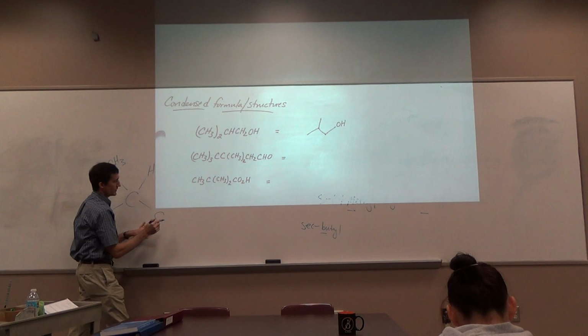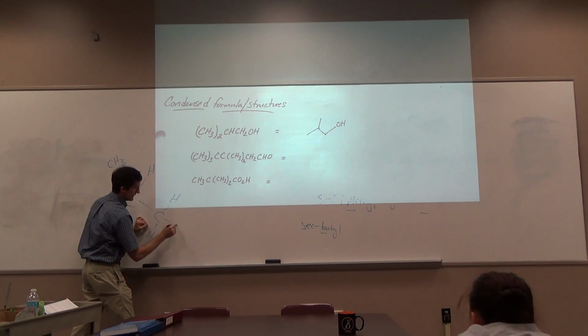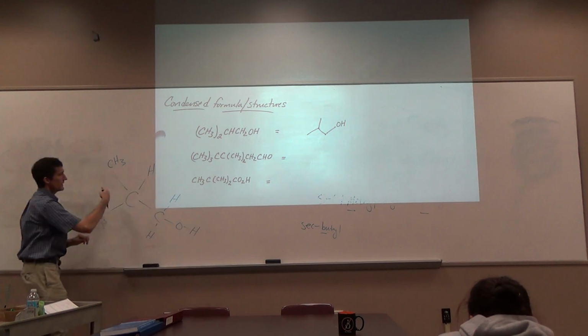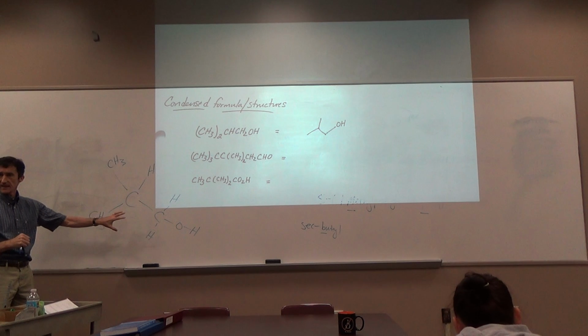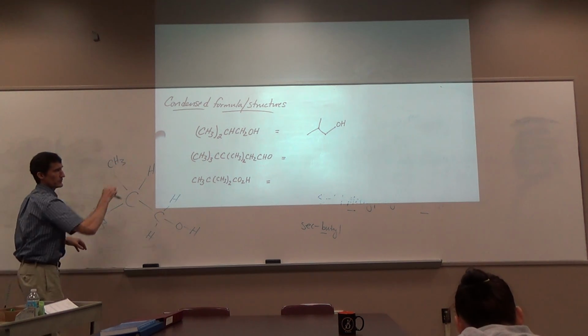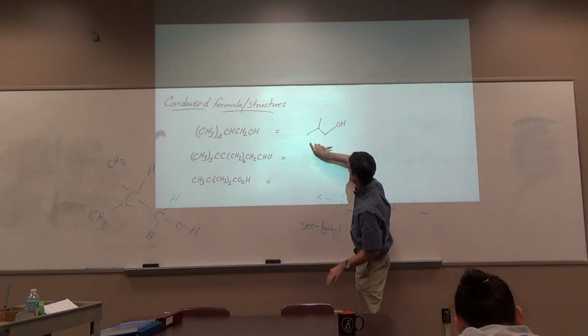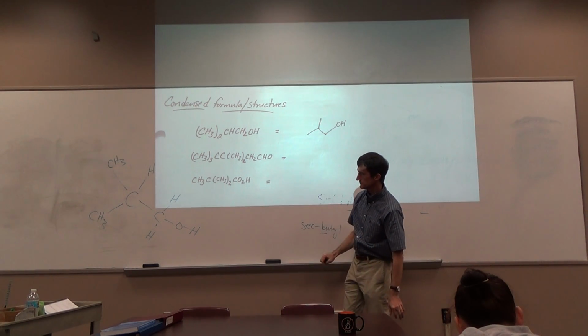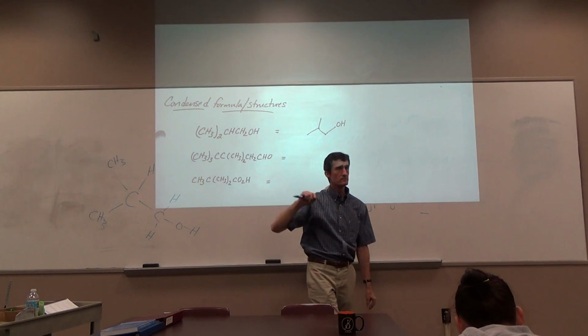And that carbon has what on it? Two H's and then an OH. That's what it is. And if we turn this into a plain line-bond formula, it's what I showed over there: a carbon with two methyls, CH2OH. Kind of see that there?